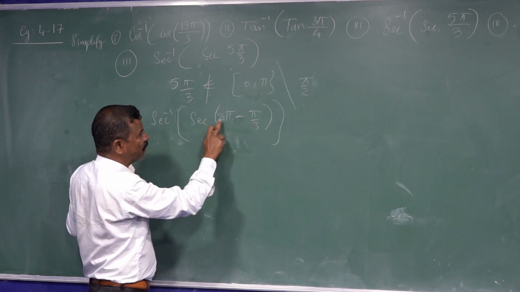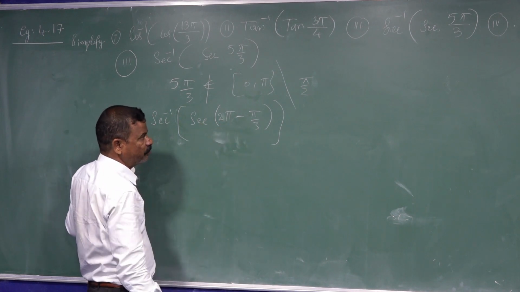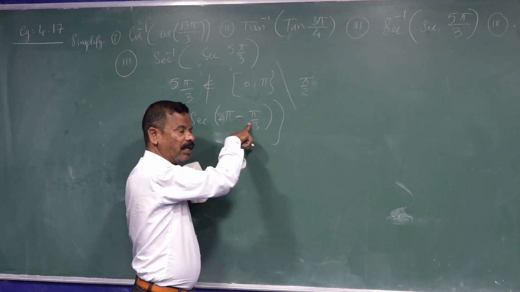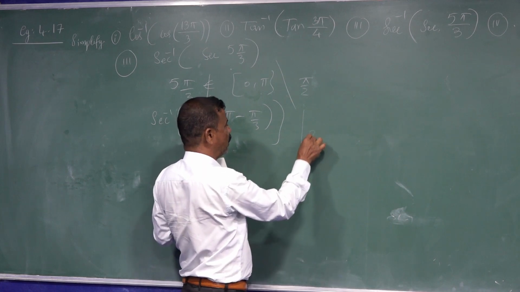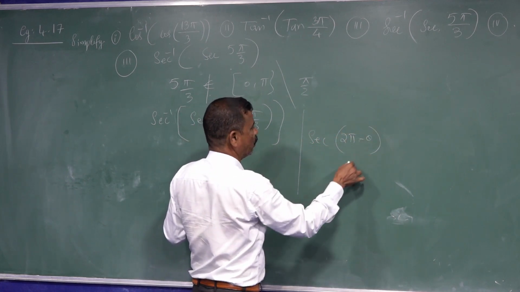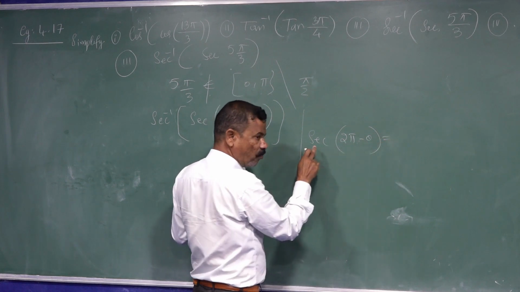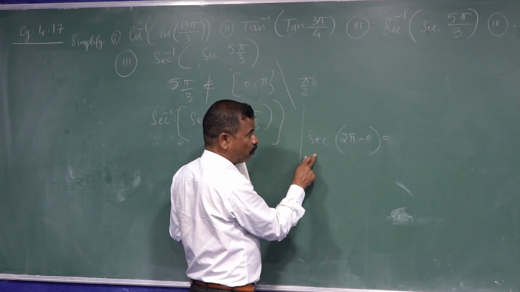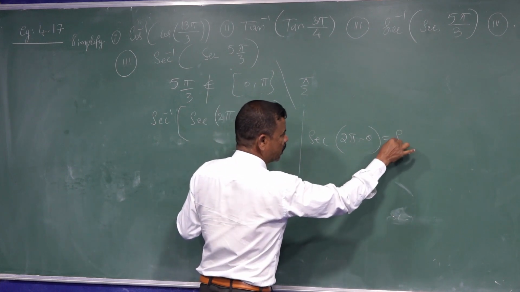After this, sec of 360 minus theta. 2π minus theta means 360 minus theta, fourth quadrant. Sec of 2π minus theta is equal to, this is the fourth quadrant, sec positive, cos positive, rest negative, but this is positive, sec theta.